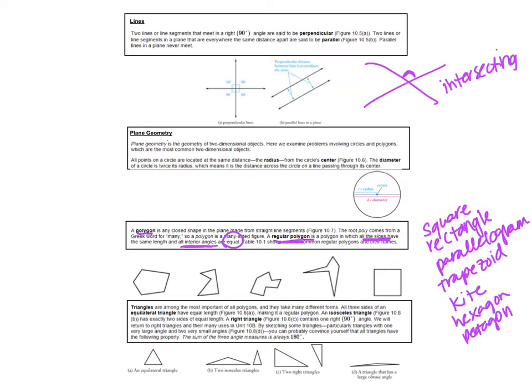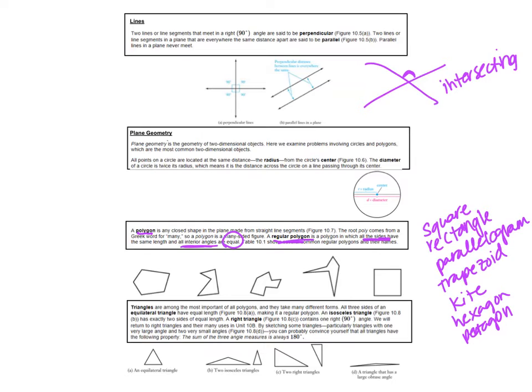Then we have our triangles. We get a little specific when we talk about triangles, right? Some triangles are based off of our angles, some are based off of sides. Here we have an equilateral. Equilateral means that all of the sides are equal.